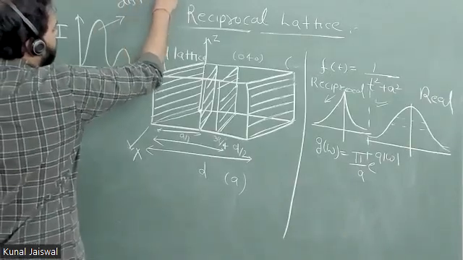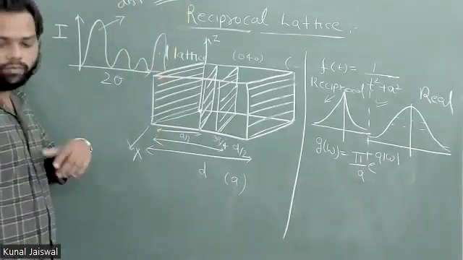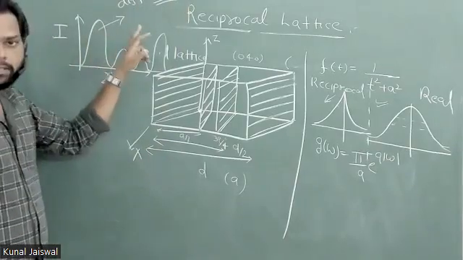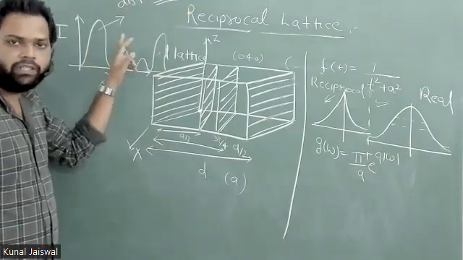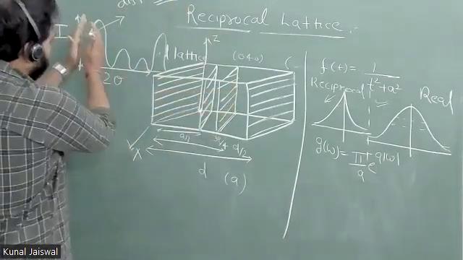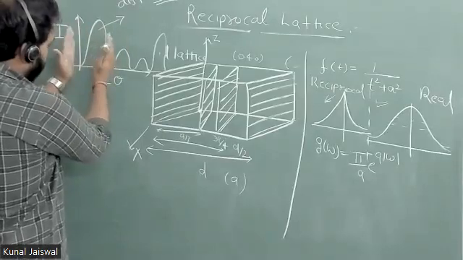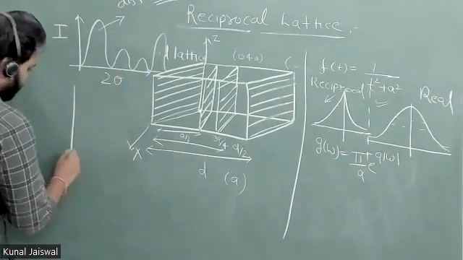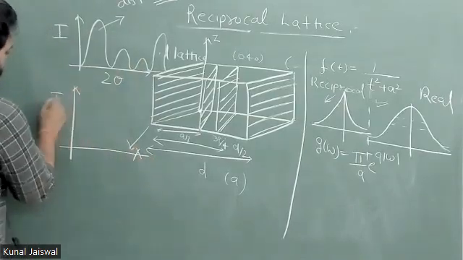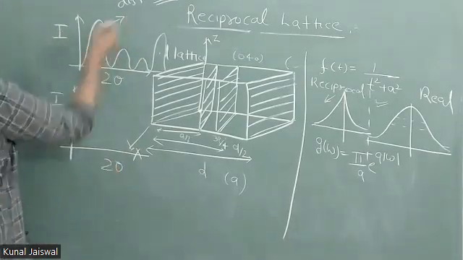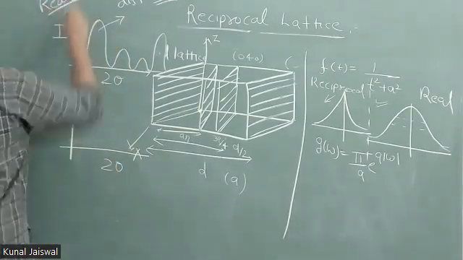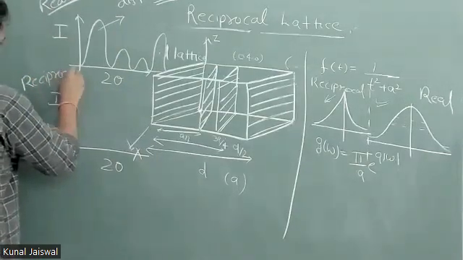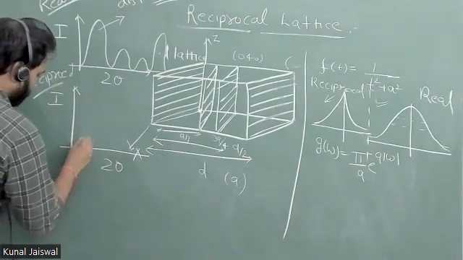It can give you a false result if the study is not done properly. But if you do the similar thing in reciprocal space, the width, the broader space, decreases to a narrow space like this. This is for real space, and this is the reciprocal space.